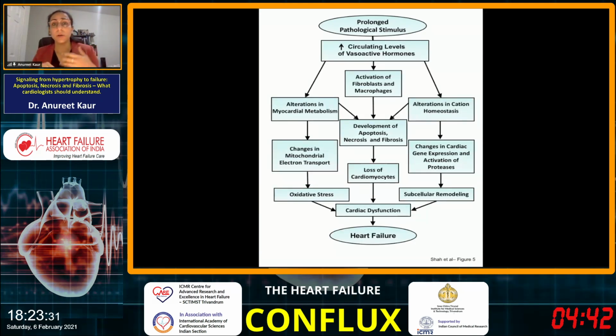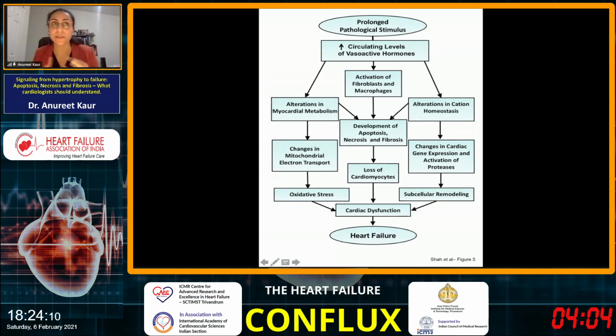Then again, if we talk about the overall picture, we know that the vasoactive hormone levels are increasing in circulation, and of course there is activation of fibroblasts and macrophages in the extracellular matrix, and even inside the cardiomyocytes there are alterations. So the extracellular matrix is being compromised, and then we also have altered myocardial metabolism with respect to energy utilization, more fatty acid oxidation, and cation homeostasis changes.